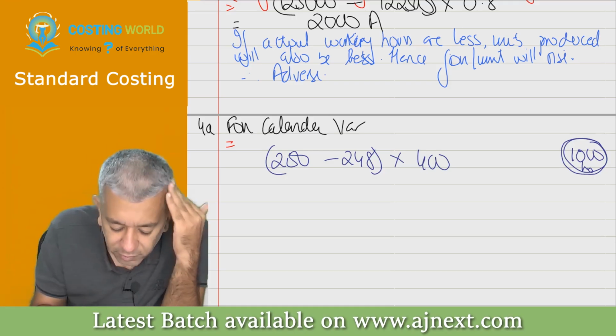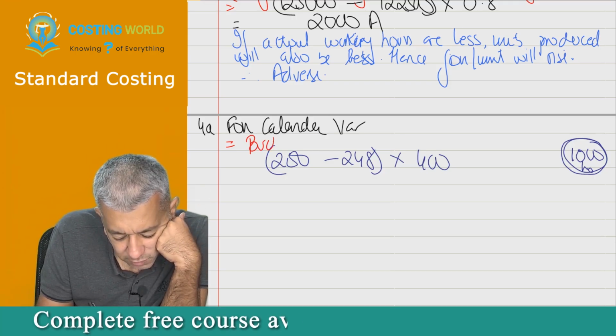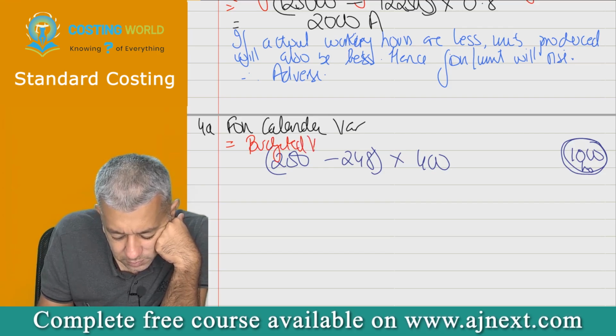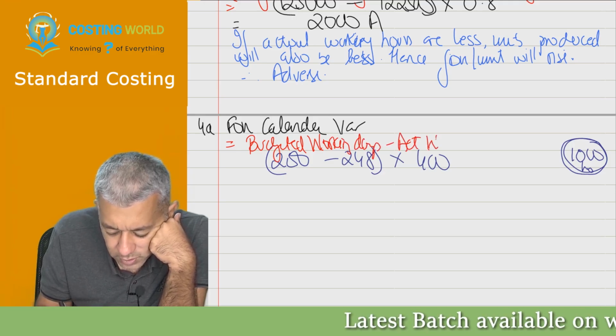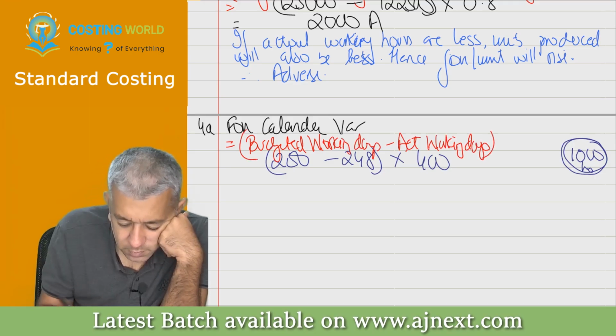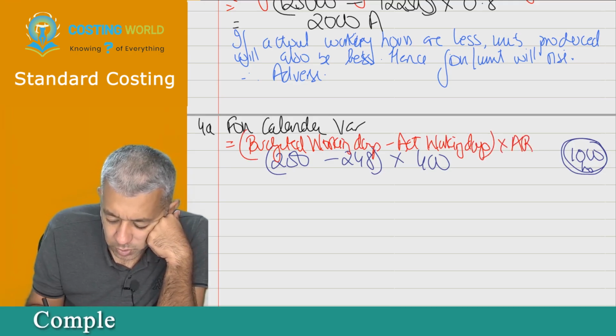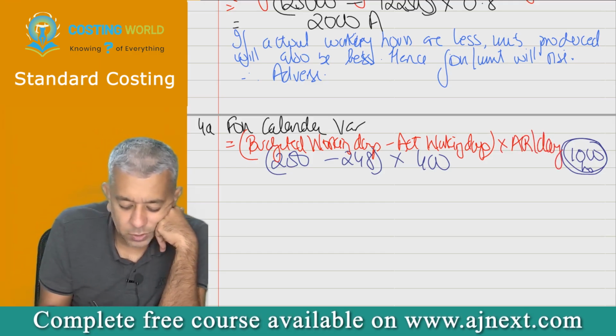What will be 250? Budgeted working days minus 248 actual working days into absorption rate per day. This 1,000 figure you are not writing, please.